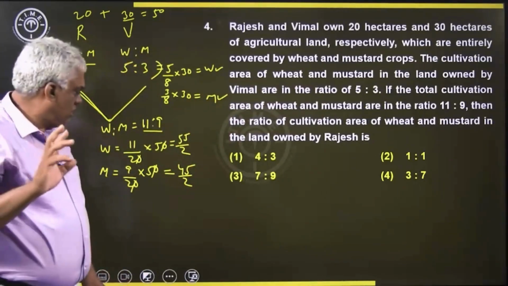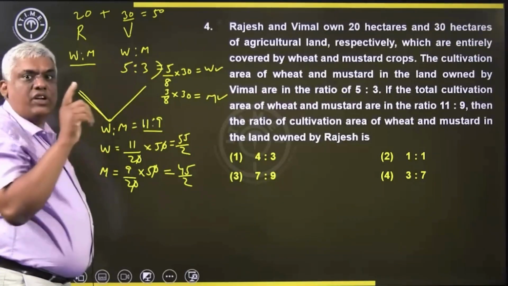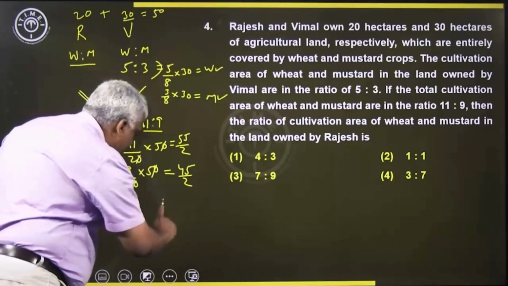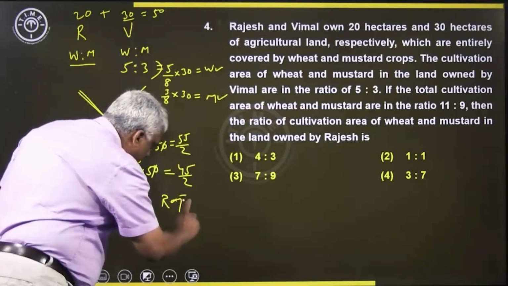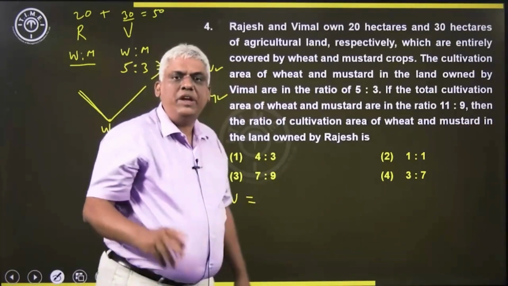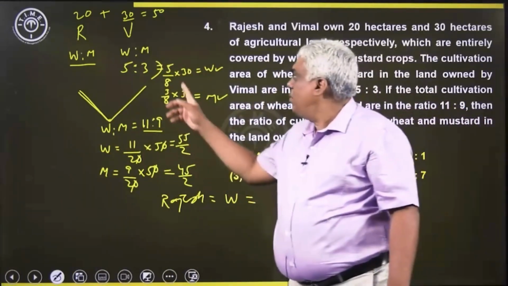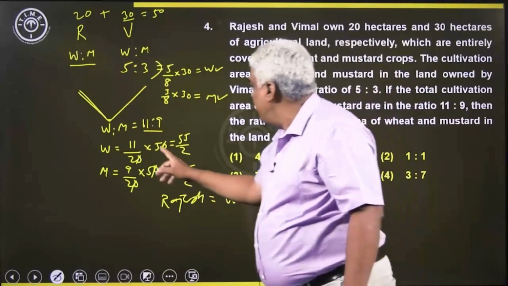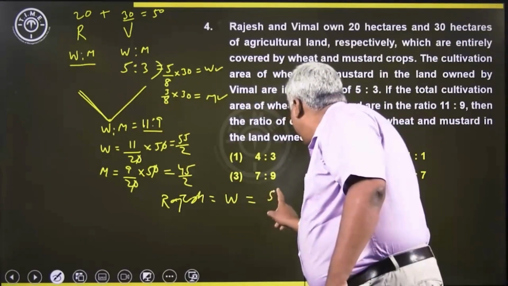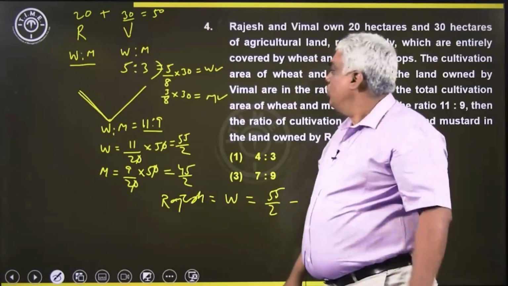So, we can find the area under cultivation of wheat for Rajesh. For Rajesh, the total area under wheat will be the total area under wheat minus Bimal's part. So, the total under wheat is 55/2, and minus Bimal's part.